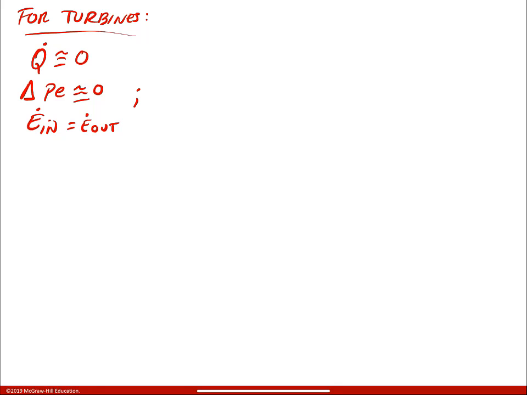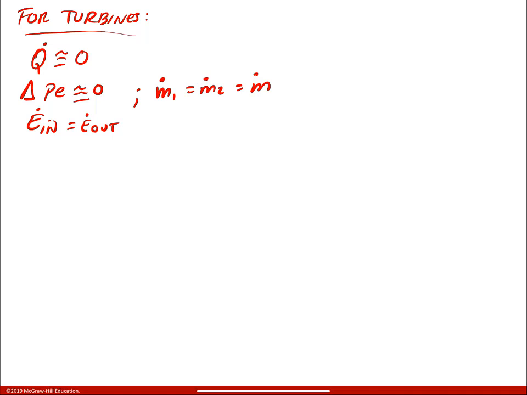We also know that the mass flow rate 1 is equal to the mass flow rate at the exit, and we're going to call that just a mass flow rate. In this case, I'm not going to cancel the mass flow rate because we have the power of the turbine involved in the equation. If I want to keep adding and subtracting apples plus apples, I need my mass flow rate in order to stay consistent with the units.